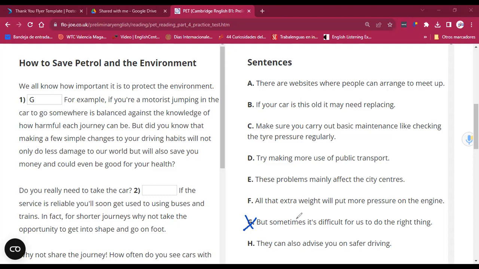Letter D. Try making more use of public transportation. Okay, nice. Which letter do you think it is?